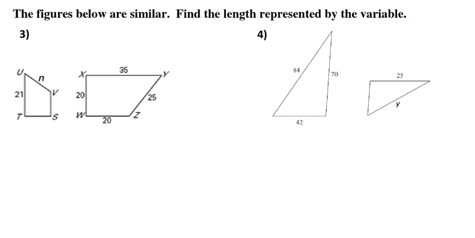In this case, we're going to be using the proportion because we know that if the figures are similar, then the corresponding sides are proportional. You can write proportions with corresponding sides. For number 1, we have to find the length that is represented with the variable n.